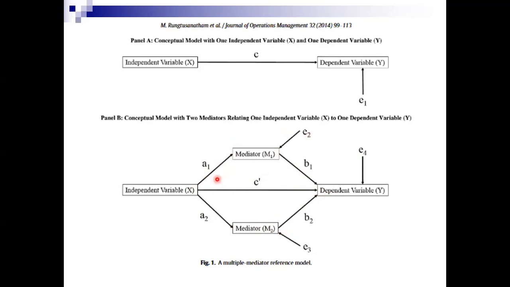So as you can see, you have, in this case, 1, 2, 3, 4, 5 paths, which are 5 separate regressions, which you could run to test whether there is mediation in mediation 1 or in mediation 2 or both, etc. So we'll show you some procedure on how to do this, okay?